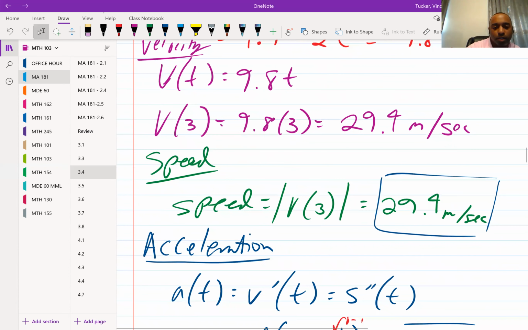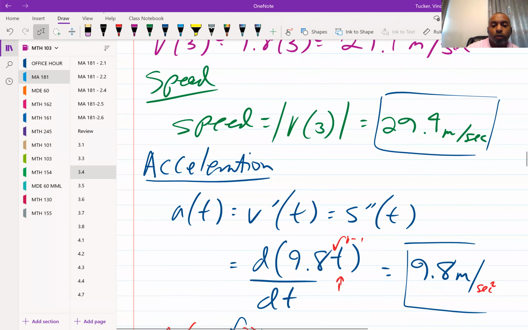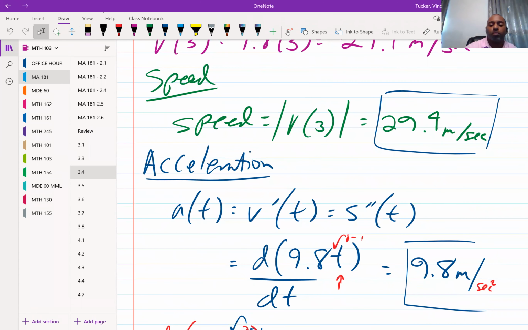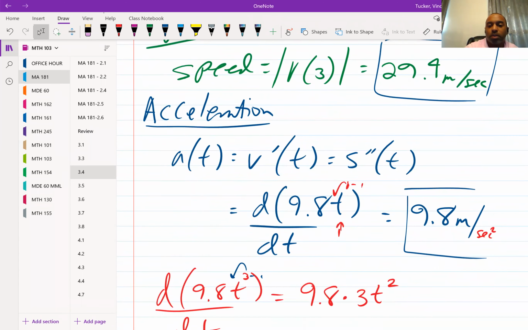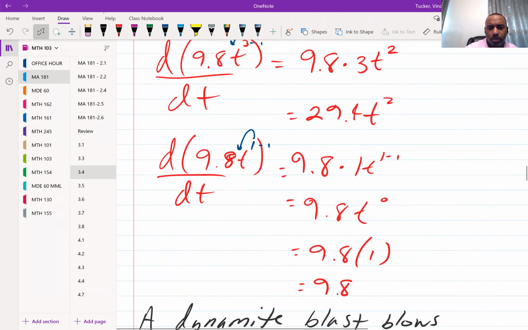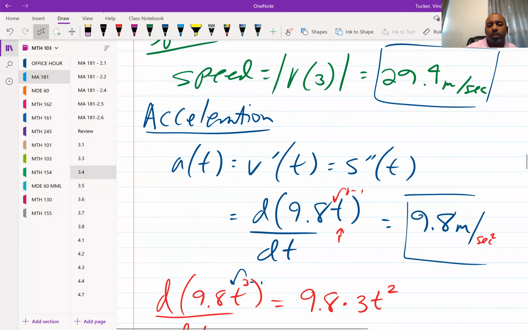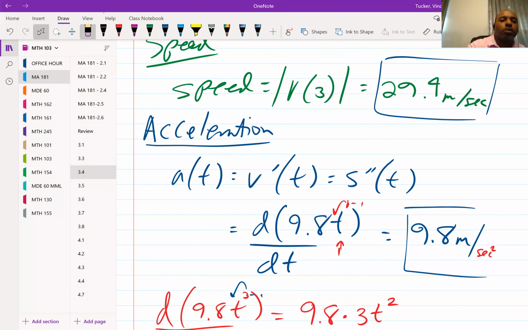Then acceleration is the derivative of your velocity. So taking the derivative, let me see something. Hold on, what is this down here? Oh, that was probably something that somebody asked. Okay. So taking the derivative of your velocity, we had 9.8t as our velocity, and that's just 1 for your exponent.